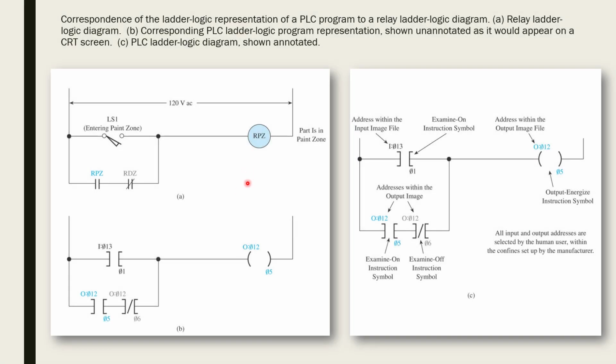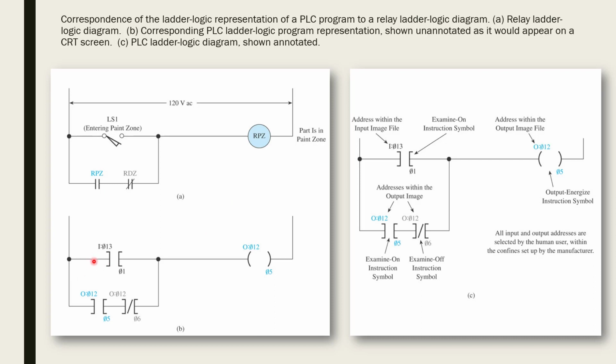Going back to our paint zone, our process where we're painting and diverting items, identifying that I'm in the paint zone was performed with this relay logic here, as you recall. If you were to look at the same function being performed in a PLC, it would look much like this.